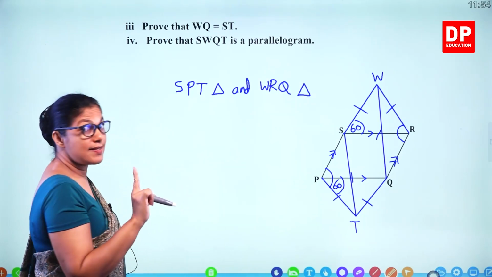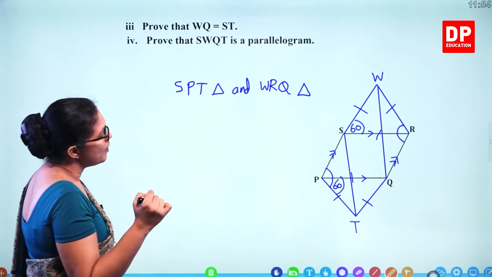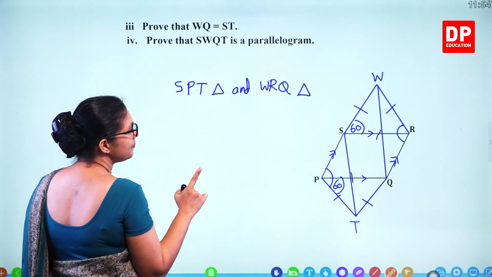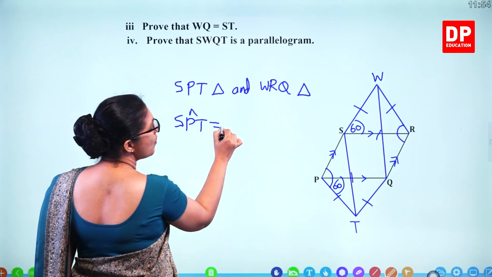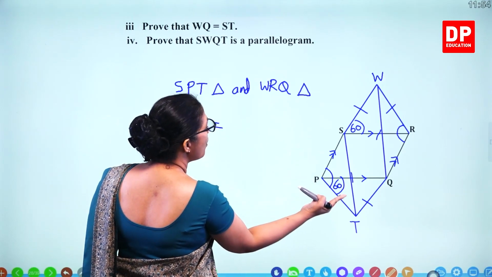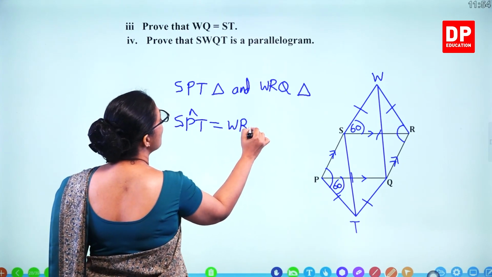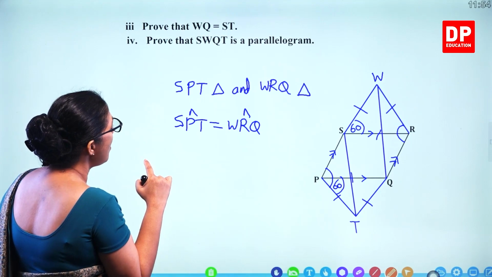If we can say these are congruent, the corresponding elements are equal. So we are trying to do that. We know that SPT is equal to WRQ. We did that before. From the previous part, we proved that these two are equal.